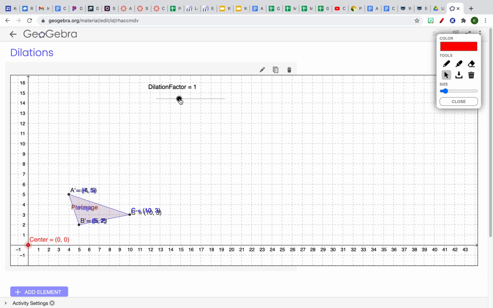If the dilation factor is less than 1, please notice what is happening. If it's less than 1, then the shape gets smaller and smaller and smaller.